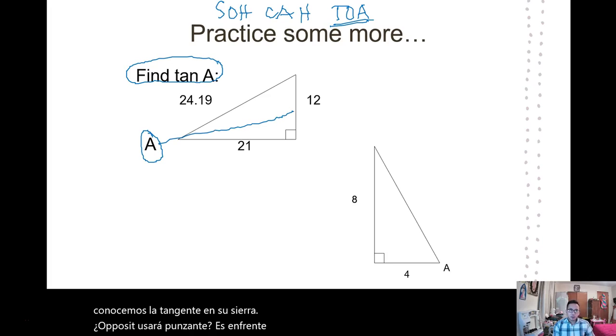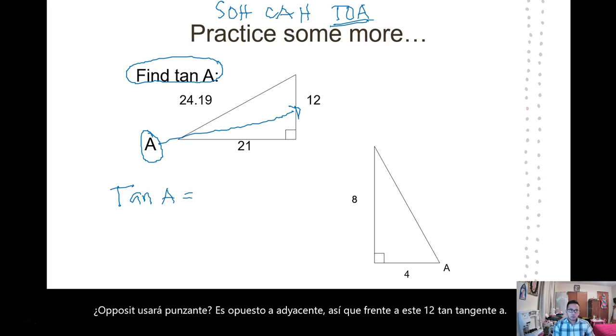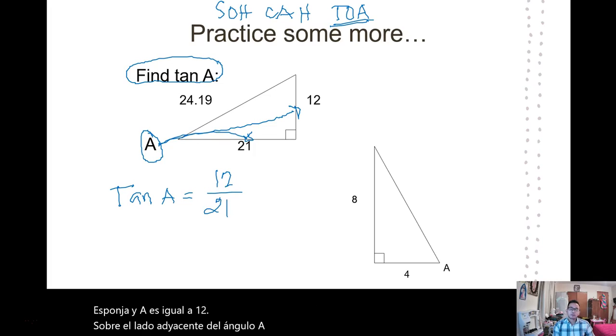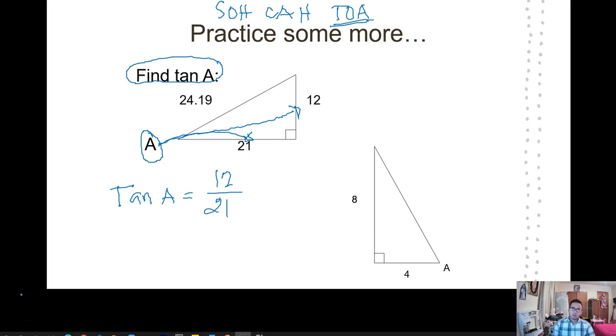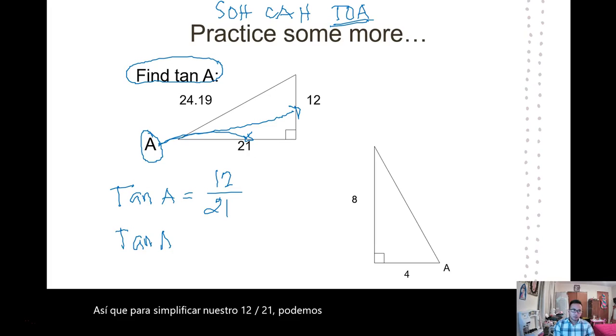So opposite is 12, and tangent A is equal to 12 over the adjacent side of angle A, which is 21. Now, the question there is, can we still simplify 12 over 21? Yes, we can simplify this into 4 over 7, dividing by 3.